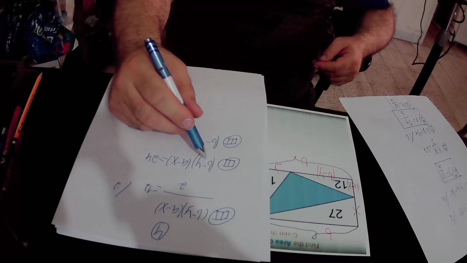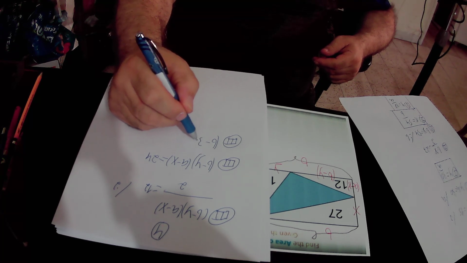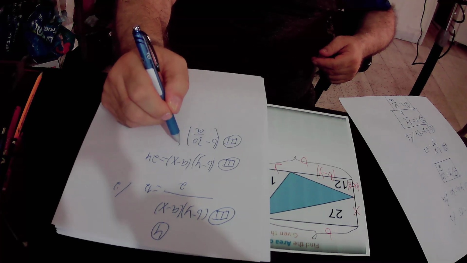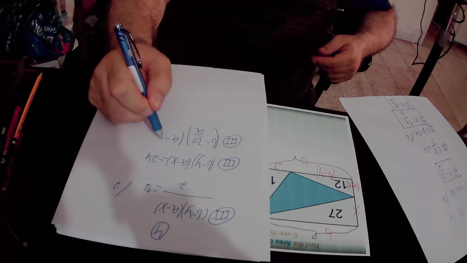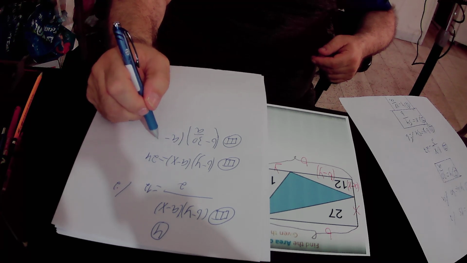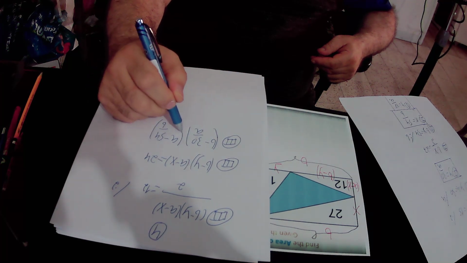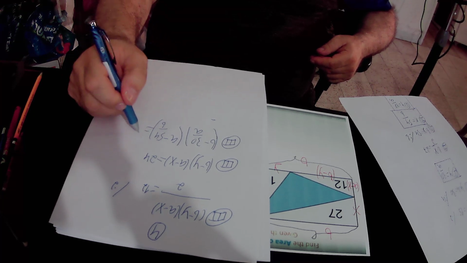So it is (b minus 30 over a) times (a minus 54 over b) equals 24.